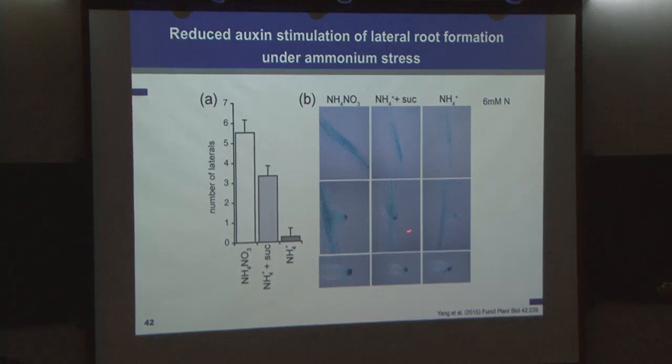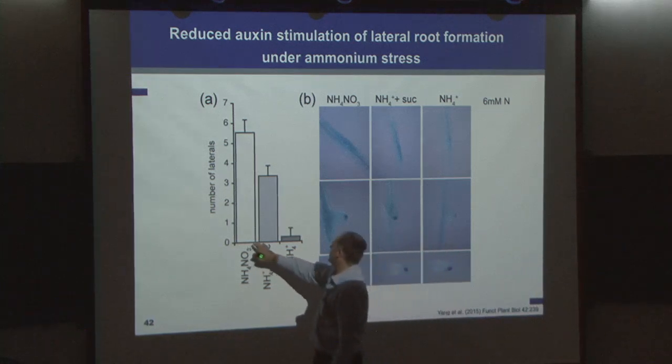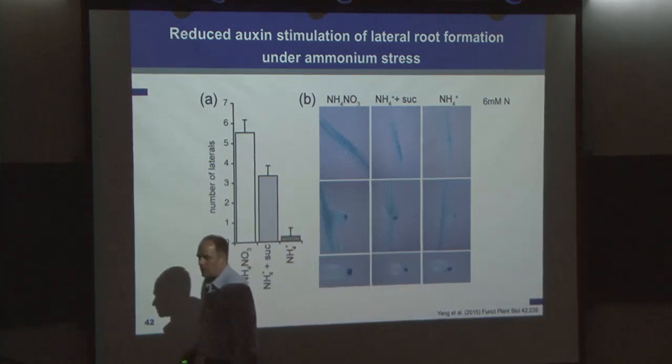And we found there were a little bit of differences here, maybe a little bit less of the staining in ammonium sometimes, which may reflect a little bit fewer laterals in ammonium.